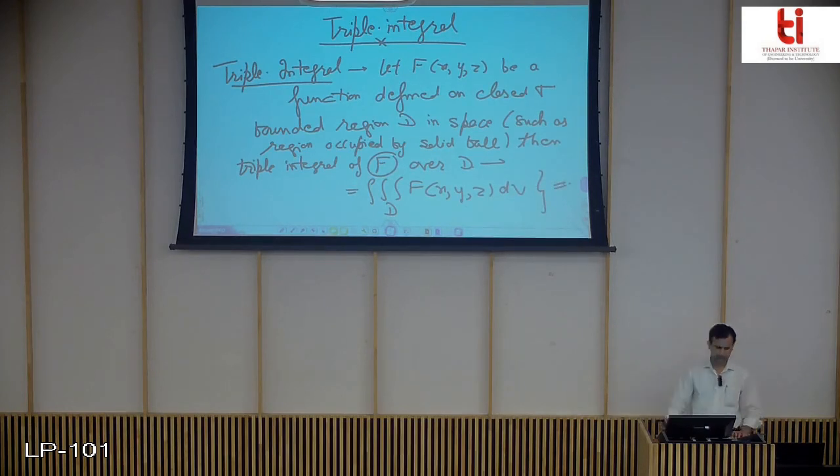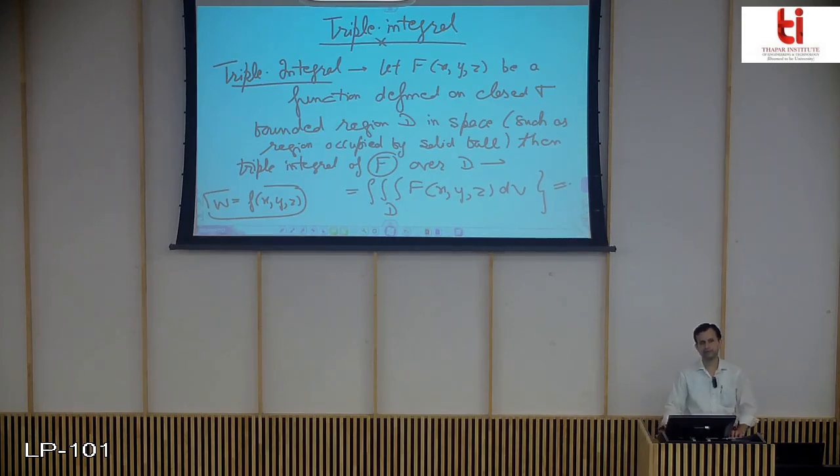So basically this is a simple definition of the triple integral: you have w equal to F(x,y,z), and you have a triple integral of the function F over the three-dimensional region D.